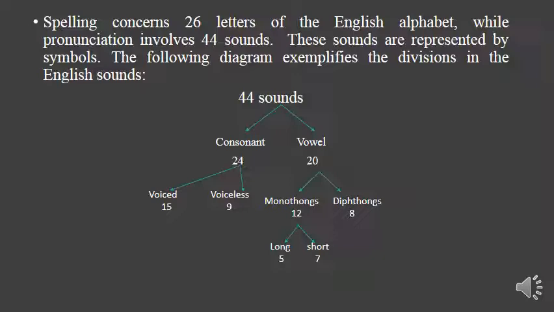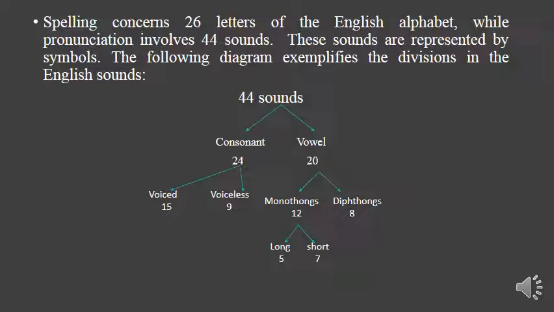The long are called long because in the process of pronouncing them, they are longer than the sounds of the short vowels. For example, seat, S-E-A-T, has a long vowel, long E there, while in the word sit, the vowel there is short.